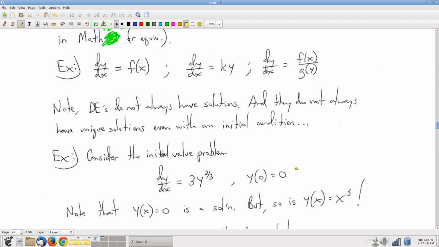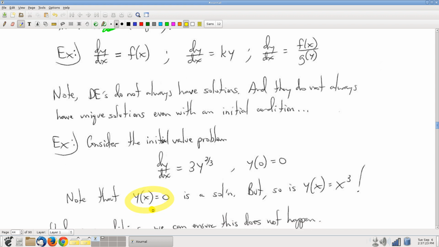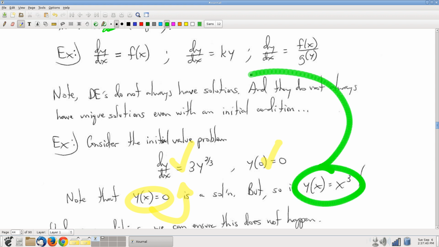Here's the thing. This function right here, plug that in, it satisfies the differential equation. Furthermore, not hard to check, it satisfies our initial condition, and so we have here a solution to this initial value problem. However, this function here, plug it in, it satisfies the differential equation as well, and it also satisfies this initial condition.